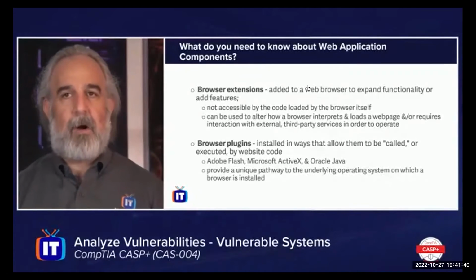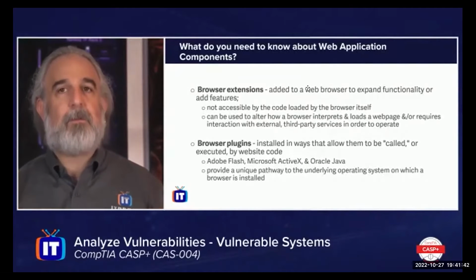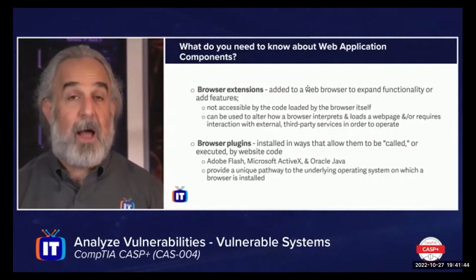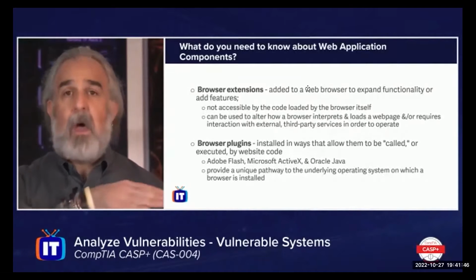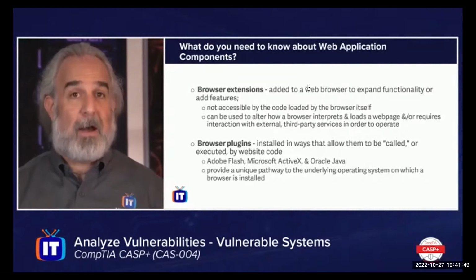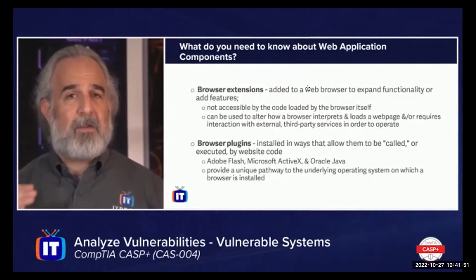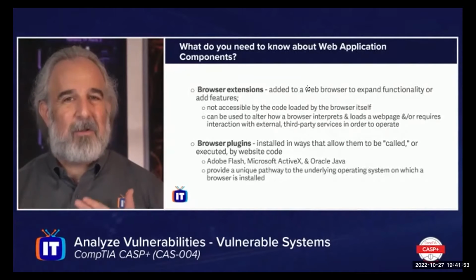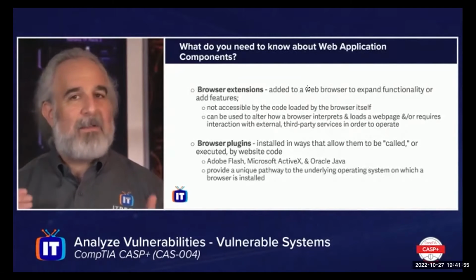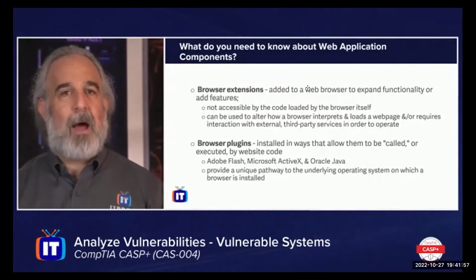Extensions are added to a web browser, but they purposefully and specifically are designed to expand functionality and or add features, while plugins are basically going to do that as well. But the difference is that the extension, the way it's loaded, the way it's going to be provided, is not accessible by the browser.